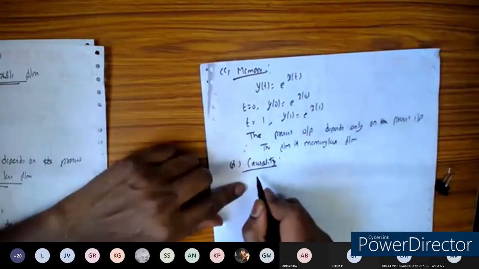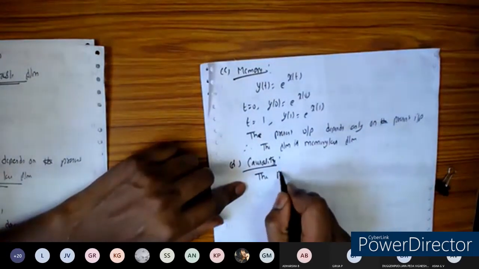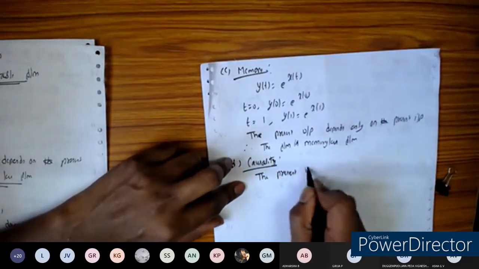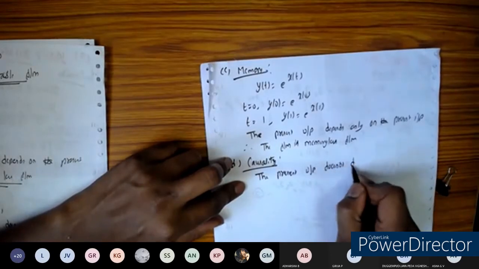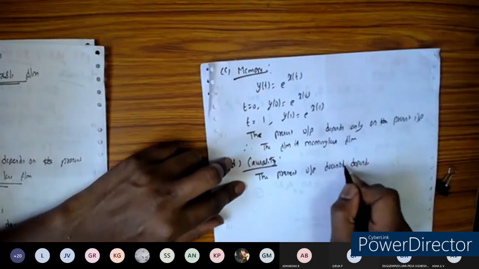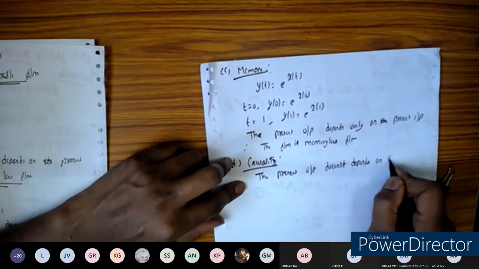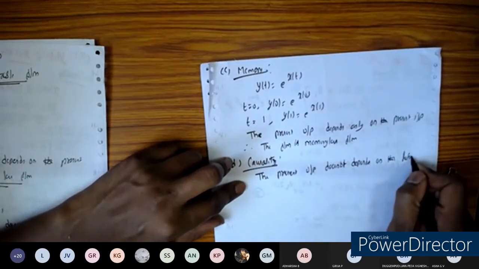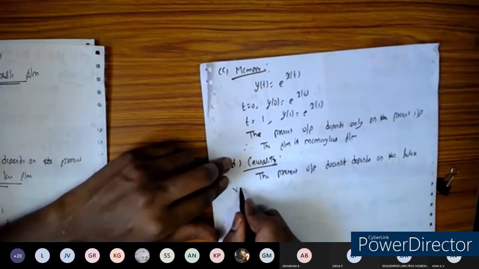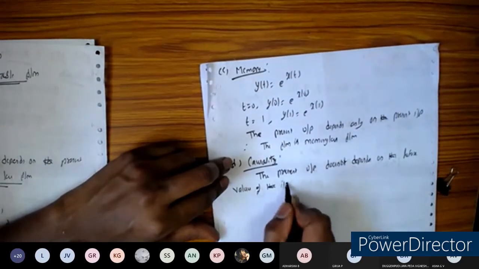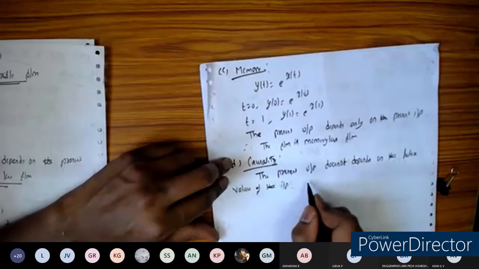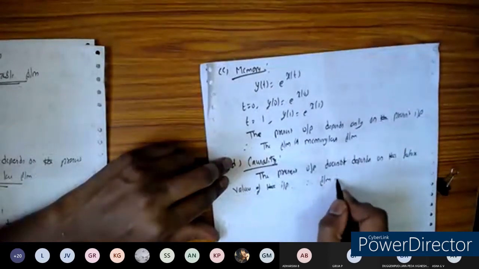So the present output does not depend on the future values of the input. Therefore, the system is a causal system here.